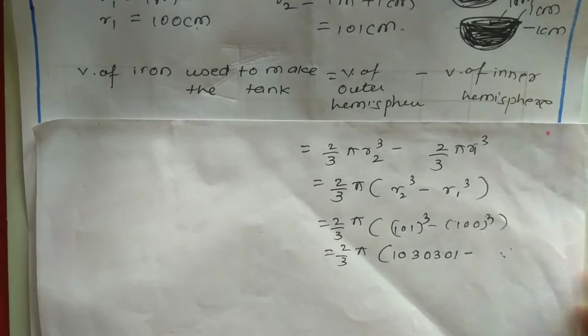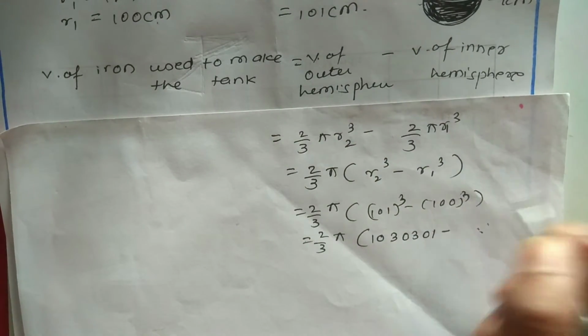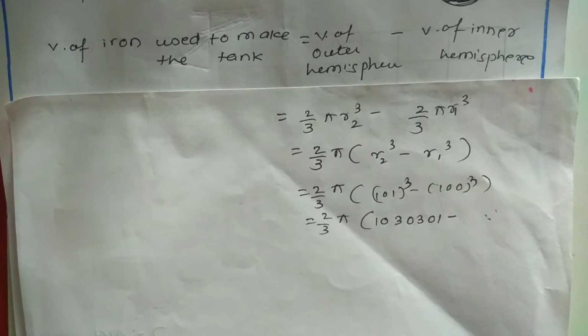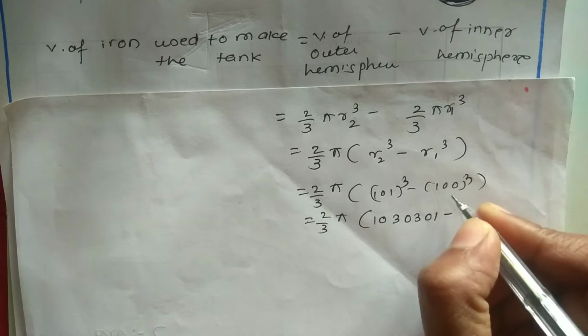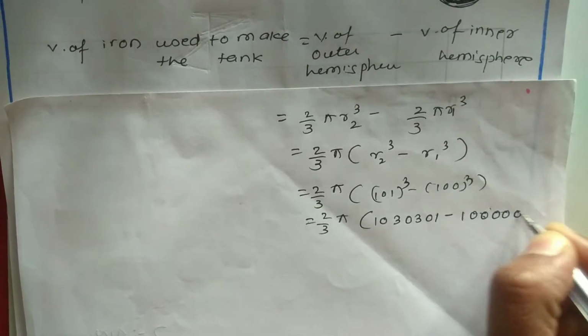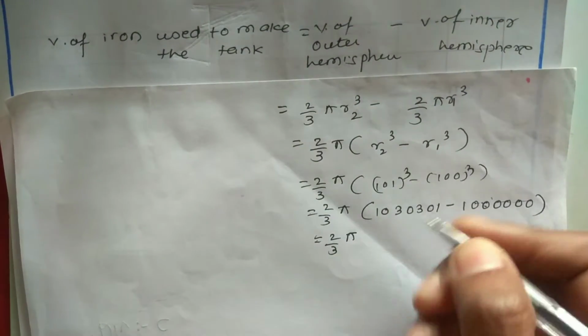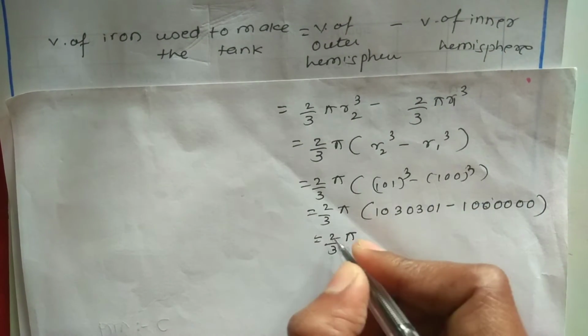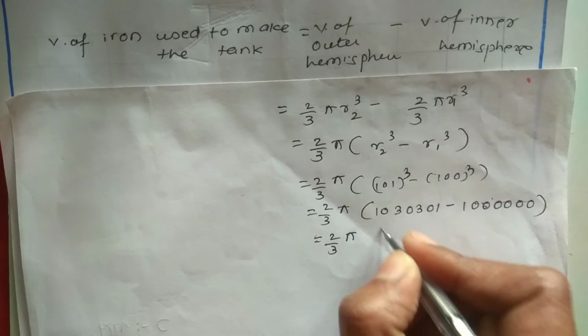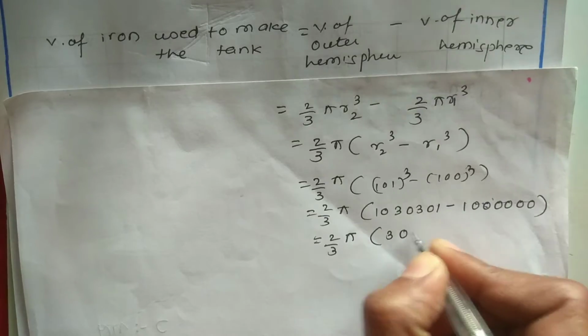And 100 cube is very easy: square means you get 00, cube means 2 more zeros, so a total of 3 twos are 6 zeros, 1 2 3 4 5 6. So first subtract this, 2 by 3 into pi, and after subtraction you will get the answer as 30301.